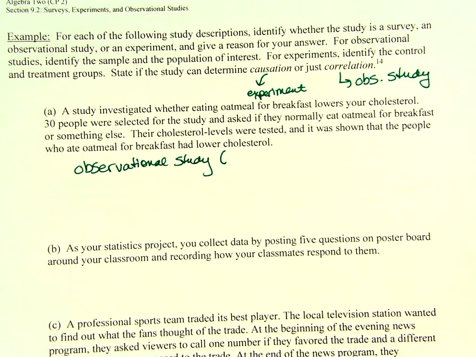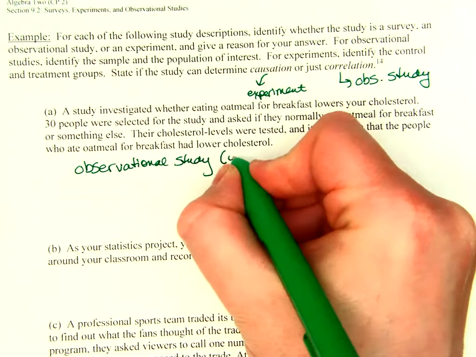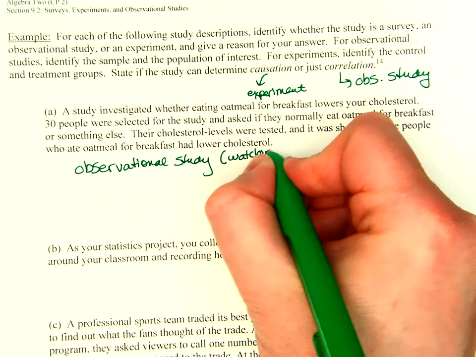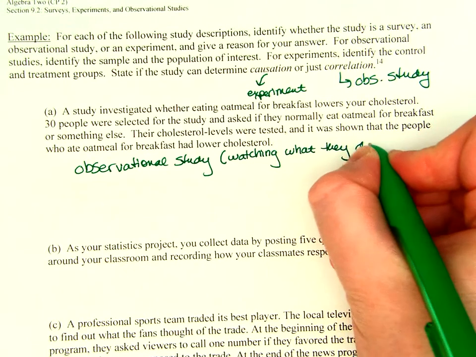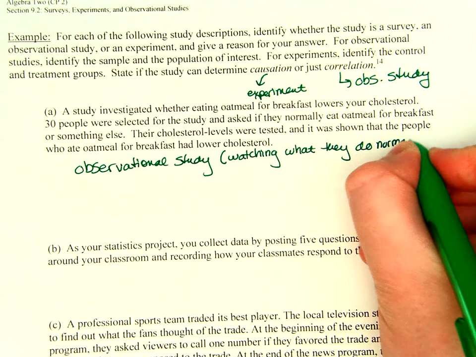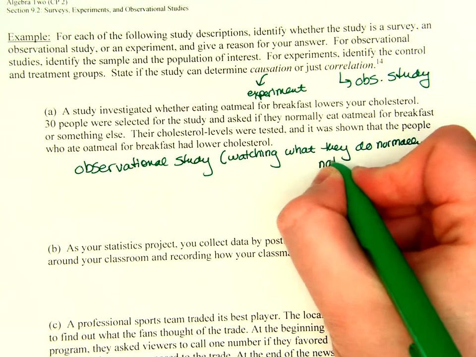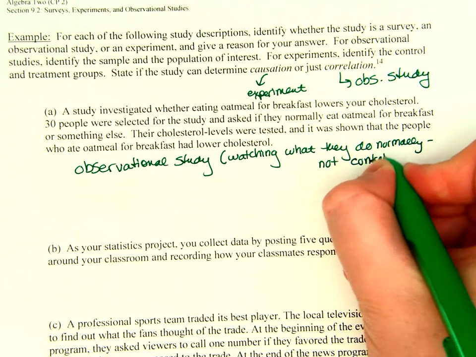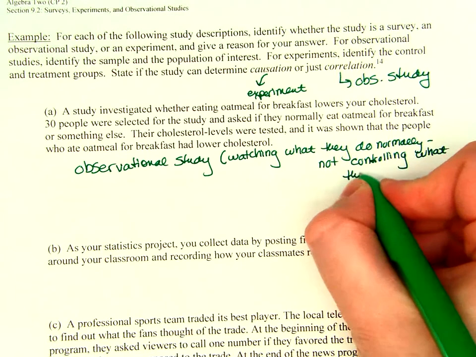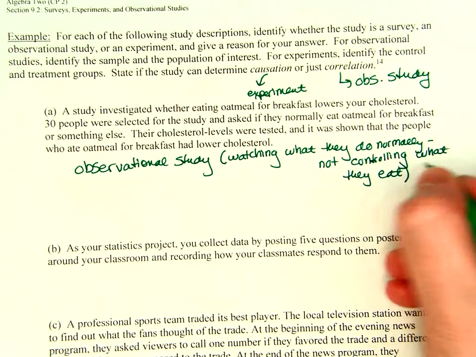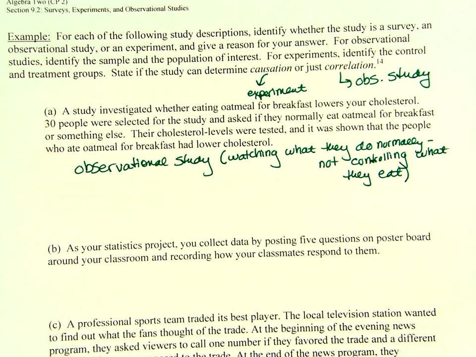We're not controlling what they eat. If we were saying 15 of you must eat oatmeal for breakfast, 15 of you must eat anything but oatmeal, then that would make it an experiment.